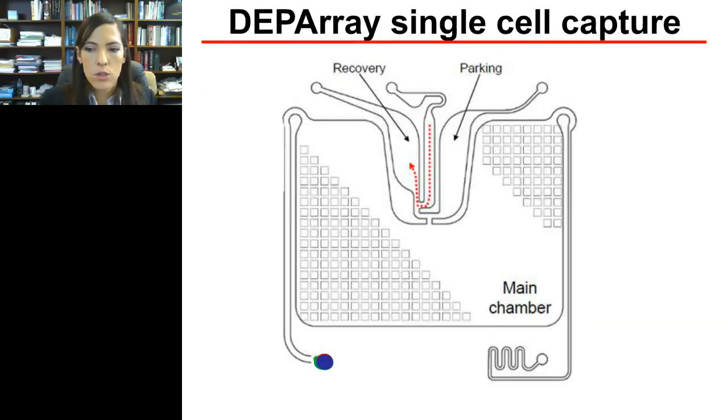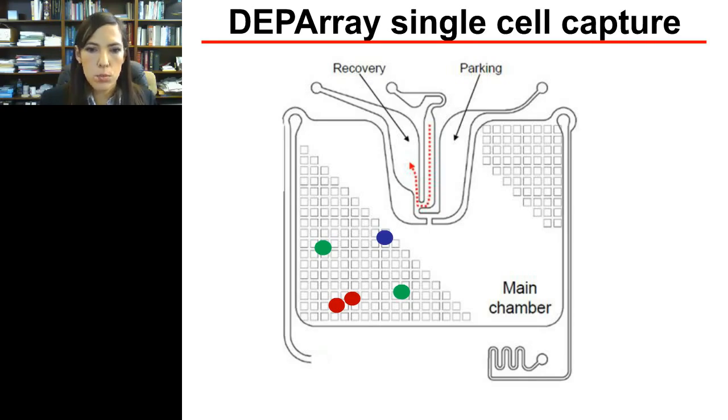So here's a cartoon of this DEPArray cartridge. We add the cells, so this would be an enriched population of cells, and we inject them onto the cartridge. They're then sorted into their individual dielectrophoretic cages, and we then visually identify which cells we're interested in.